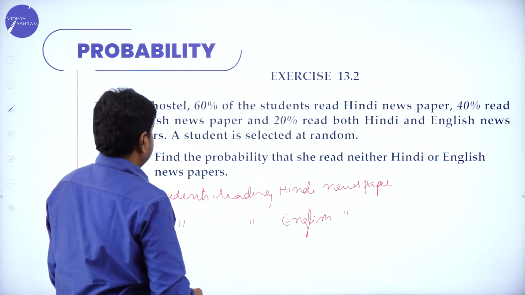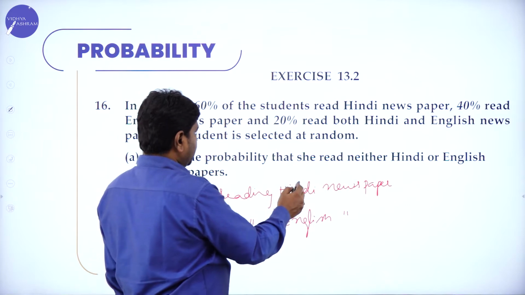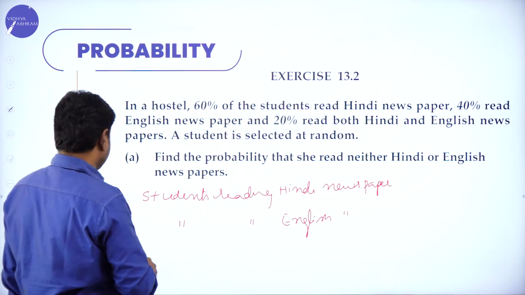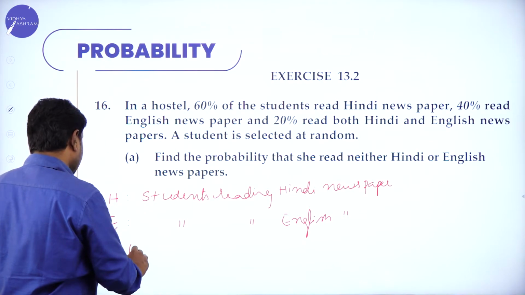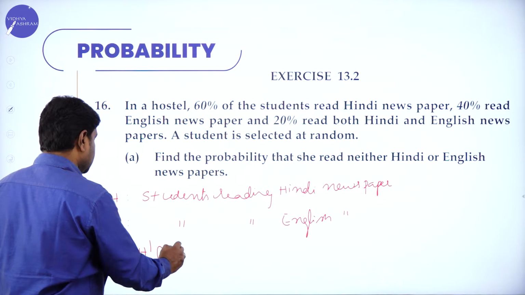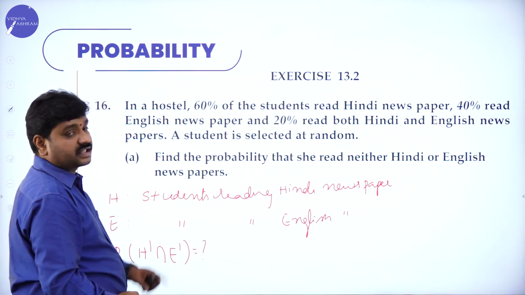Now, first they want you to find the probability that she reads neither Hindi nor English. That means P of not Hindi and not English. They want P of H dash intersection E dash.